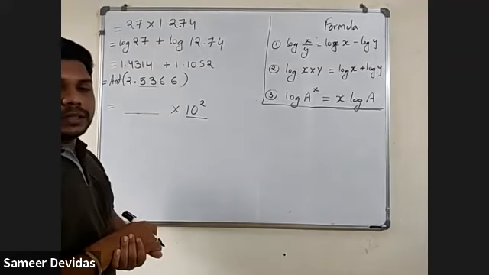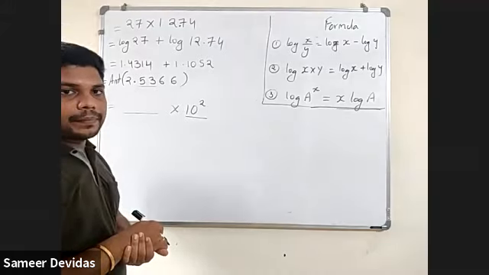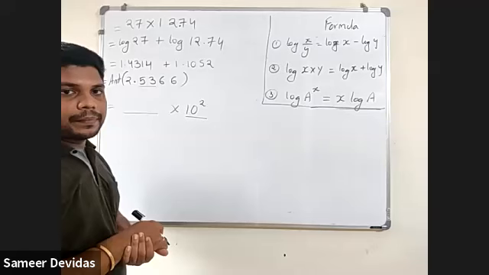Which are the first two digits after the decimal? 53. Then after the first two digits, you consider the third and fourth digits, in the anti-log table.